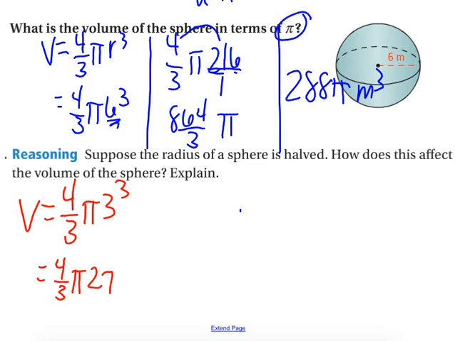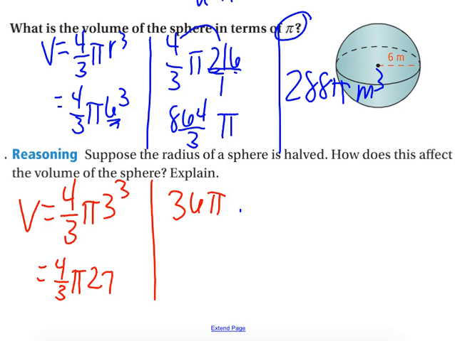Now, 27 times 4 divided by 3 is 36. So we get 36 pi.